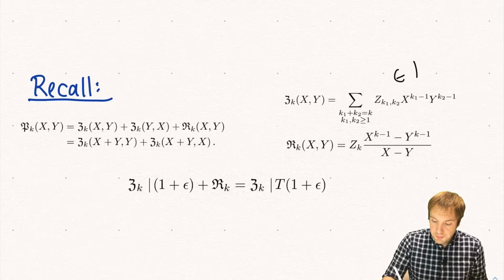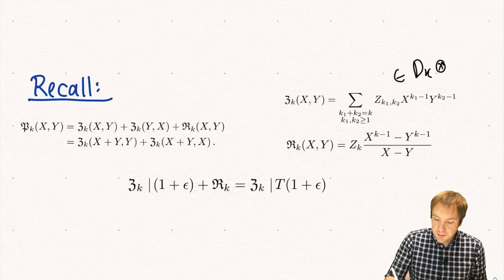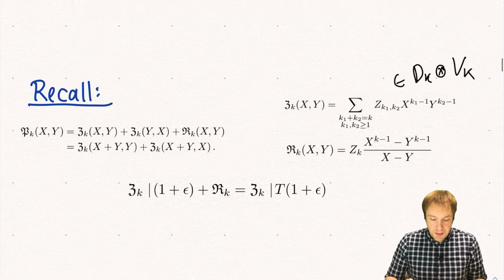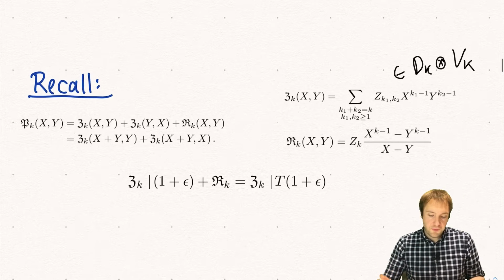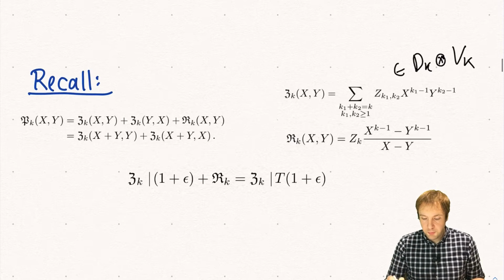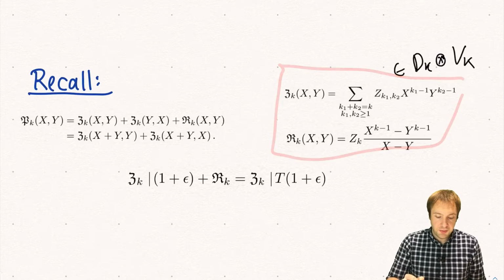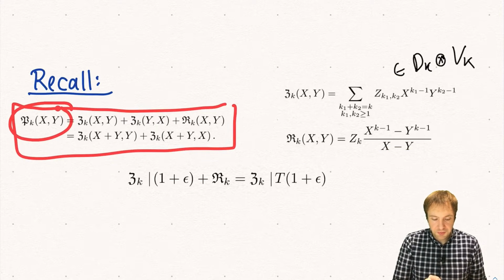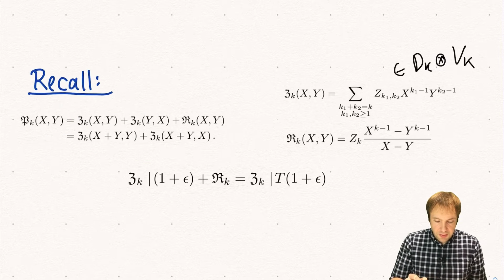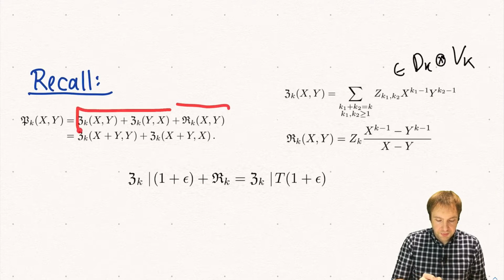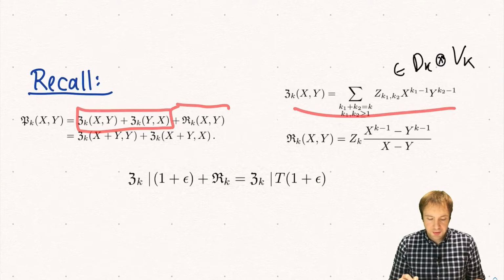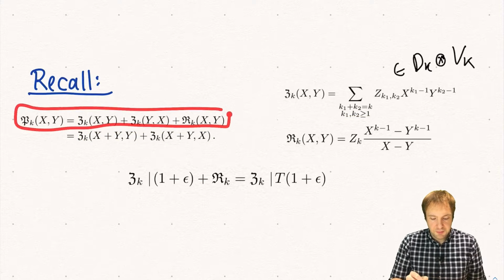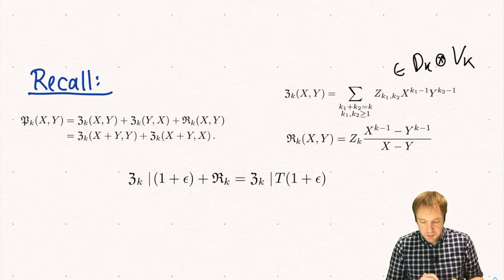And this we viewed as an element in Dk tensor these polynomials Vk. And the defining definition of the formal double zeta space could be written by using this generating series in this way. So this here is the generating series of the product, which I didn't write down. But here we see the generating series of these double zetas. And also here, the first line is the stuffle product and the second is the shuffle product.